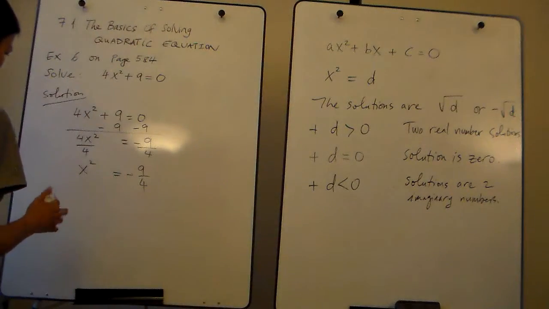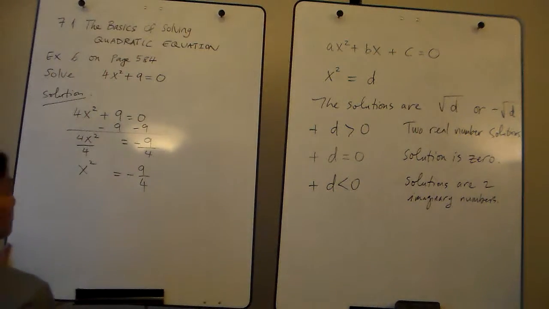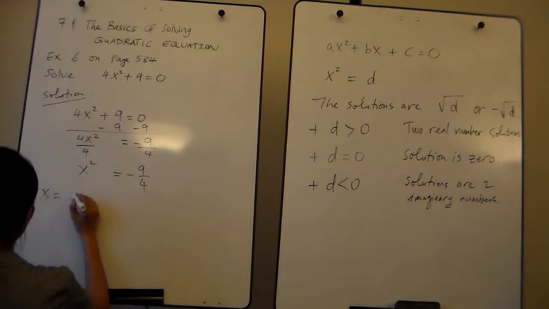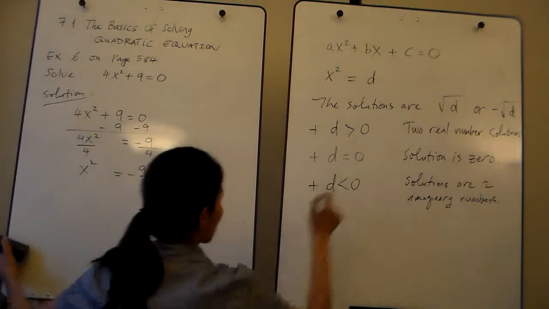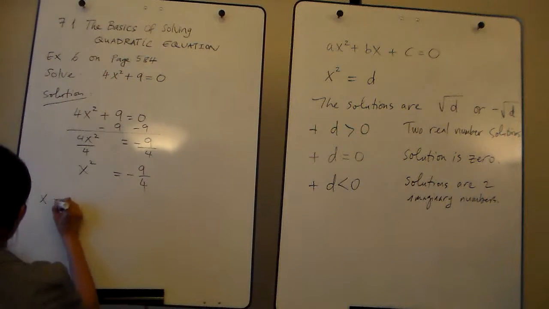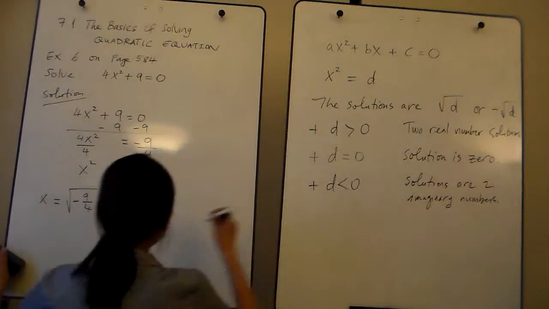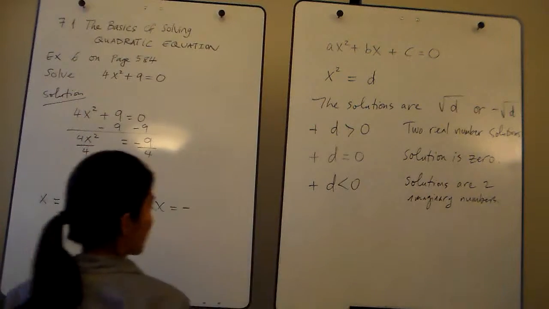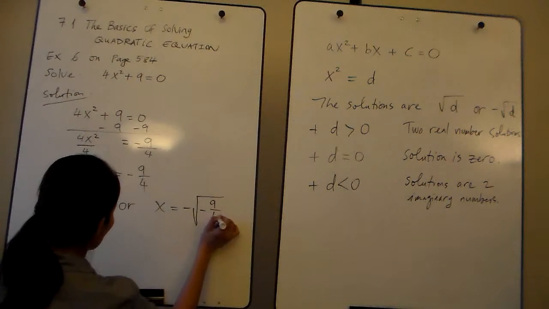So how do we solve this? Follow the same procedure. The solutions are x equals the square root of negative 9 over 4, which is d, or x equals negative square root of d, where d is negative 9 over 4.